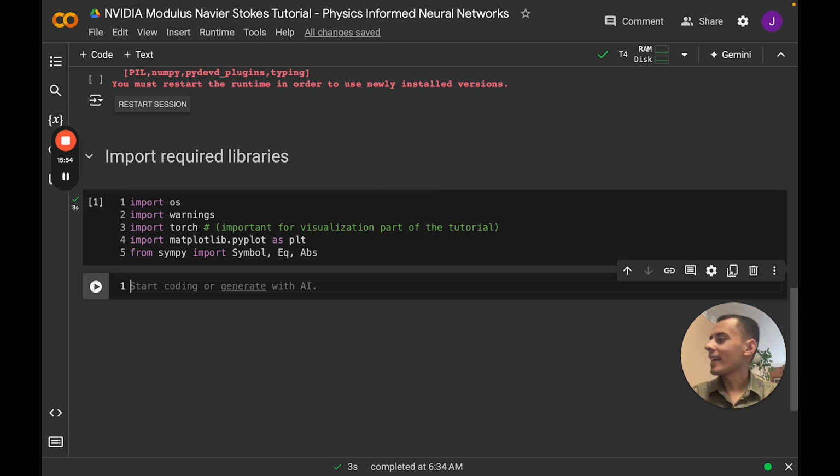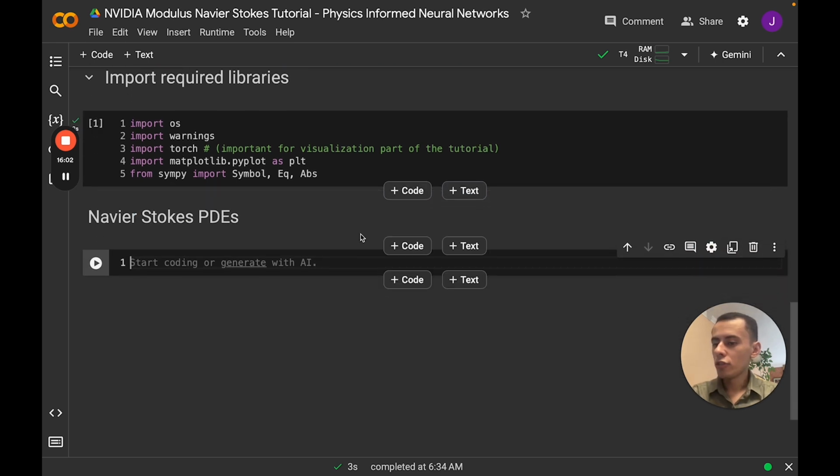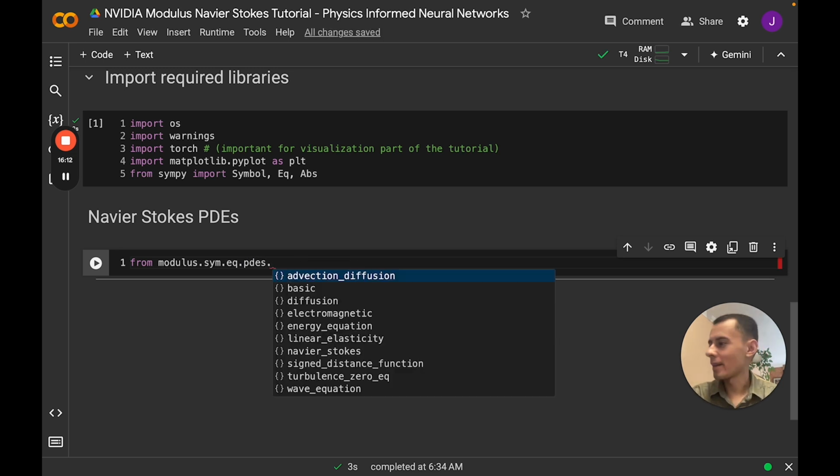But in our case, we're going to start talking about the Navier-Stokes PDEs, okay? So, right, from Modulus symbolic equations PDEs, this is a really good breakdown of the library. They have done a great job.